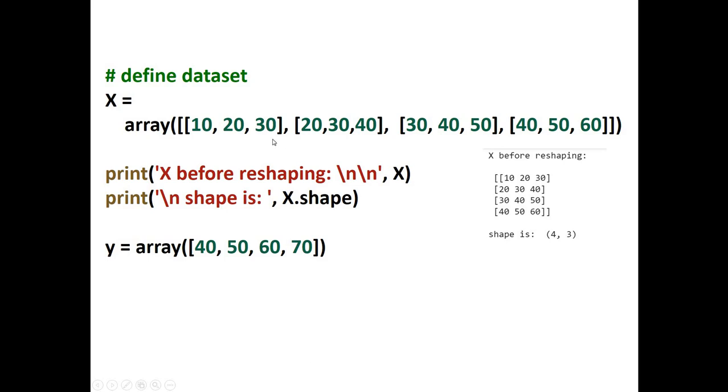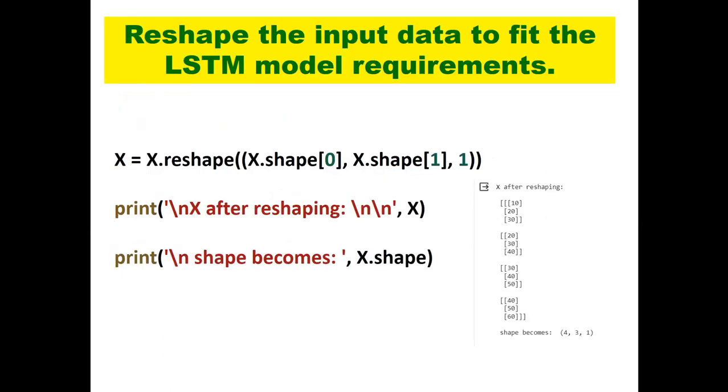So here you can see it is 4 rows and 3 columns, so the shape is 4 by 3. Now you have the outputs: for 10, 20, 30 the output is 40, and for 20, 30, 40 the output is 50. This is called windowing, which will also be discussed in detail in the next video.